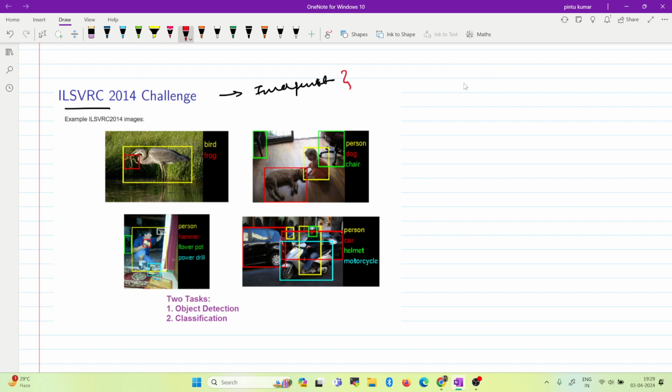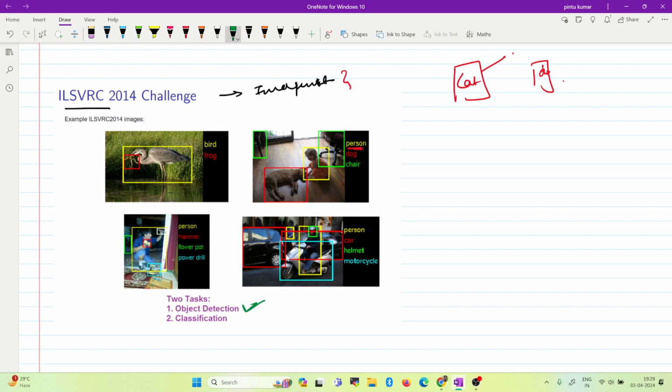For example, in the initial examples I said you have cat images and dog images, and if you pass an image you have to predict whether it is a dog or a cat. But here the data set is slightly more challenging. In the same image you have different kinds of objects present.